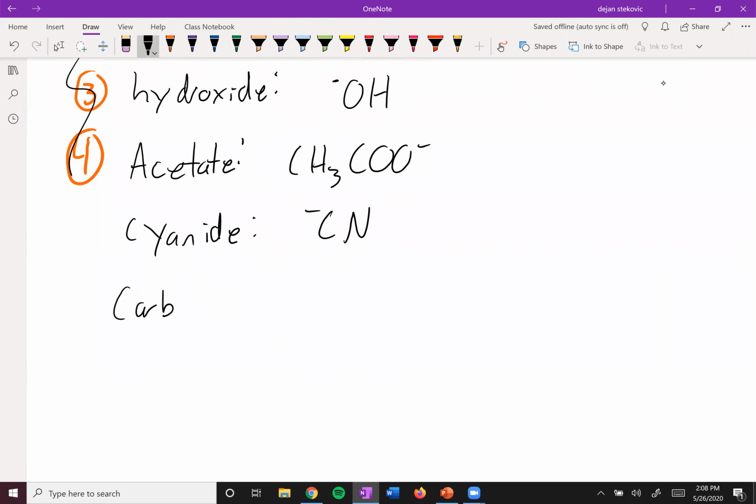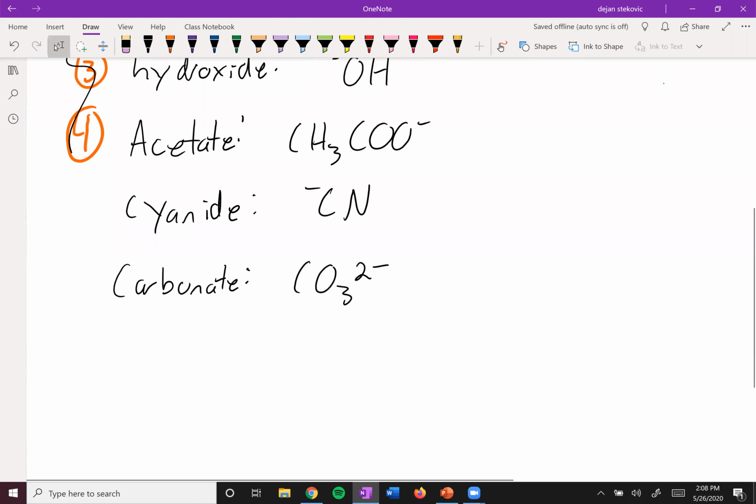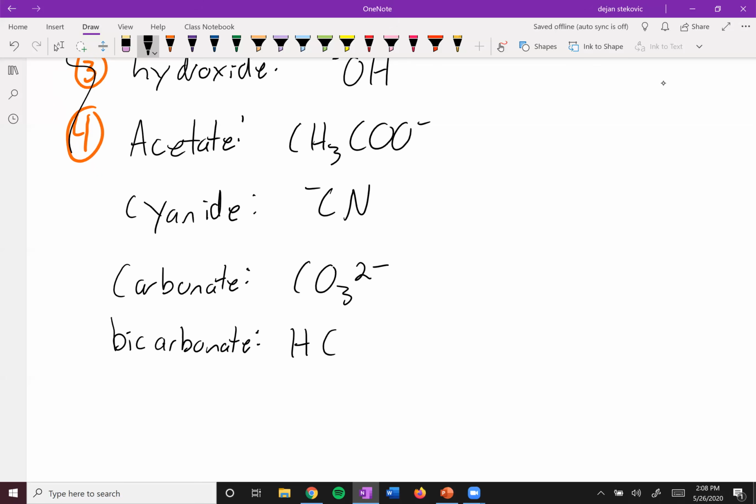Next up, we have carbonate, CO3 2 minus. After that, we have bicarbonate, which you would think is 2 carbonates, but it's not. It's actually just carbonate with an H plus, so it's HCO3 minus.